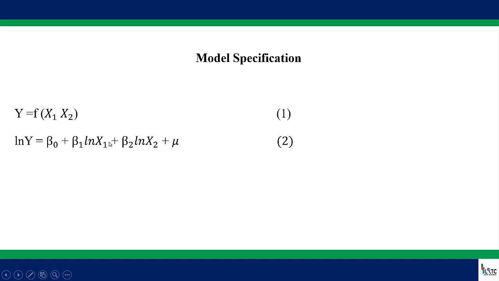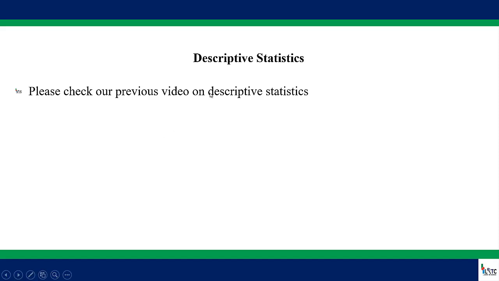So here, let us assume that X1 and X2 explain 70% of the variation in Y, then the remaining one, that is 30%, will be captured by this error term. So here we have one dependent variable, Y, and two independent variables, X1 and X2.